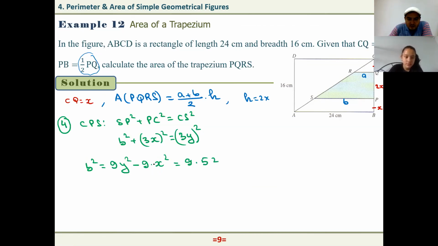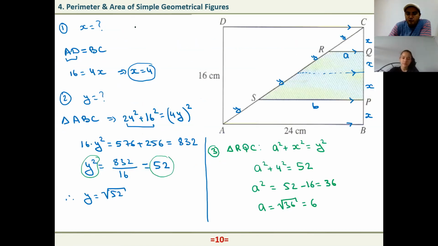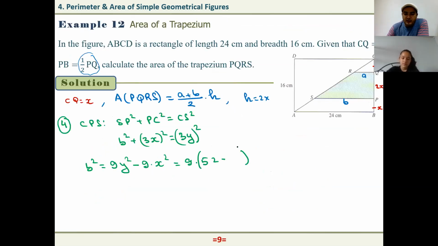Actually here 9 is a common factor. You can just keep this out. Minus, what is the value of X? 4, right? So X is 4 squared. So now that's equal to 9 times 52 minus 16 equals 36. Now don't actually multiply this.